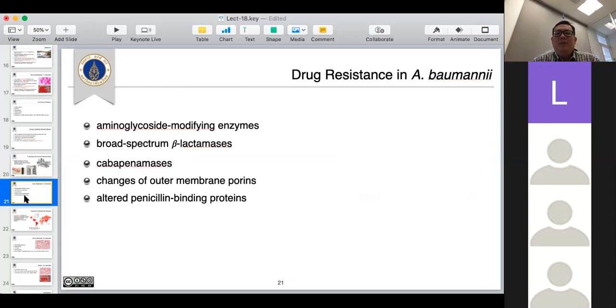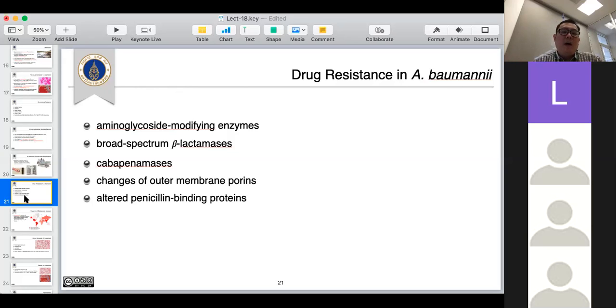The reason they resist antibiotics is that they have so many aminoglycoside modifying enzymes. These enzymes change the aminoglycoside antibiotic to reduce its action. They have a broad spectrum of beta-lactamases, so the whole penicillin group does not work.